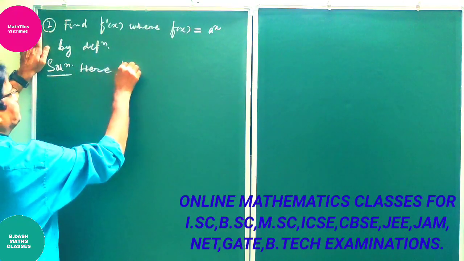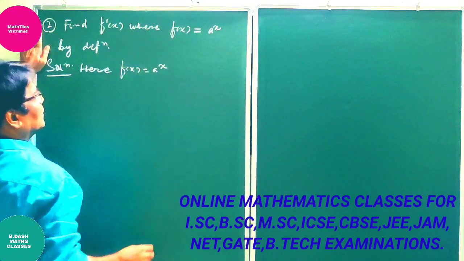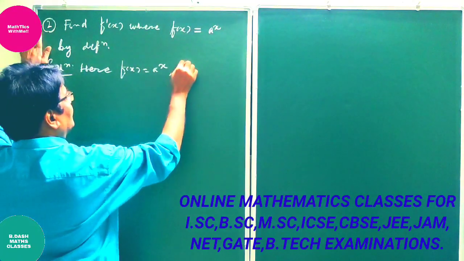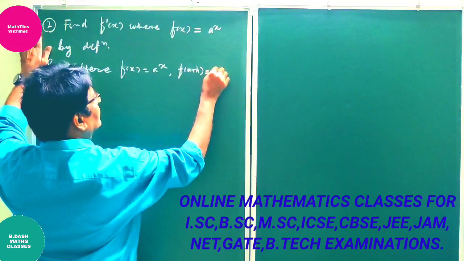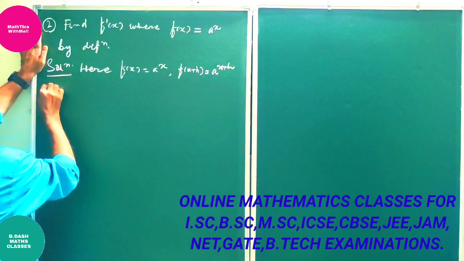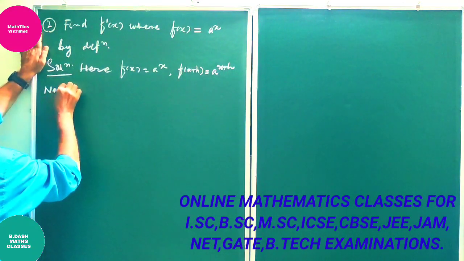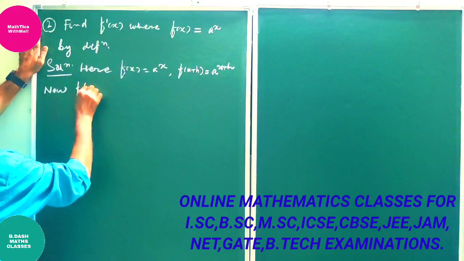Here f of x is equal to a to the power x. F of x plus h is equal to a to the power x plus h. Now we have to find f dash of x.